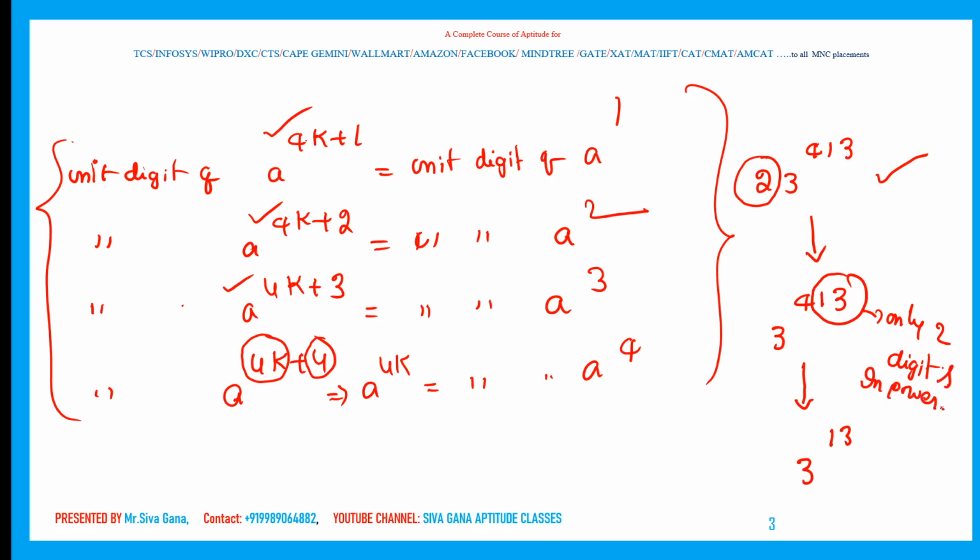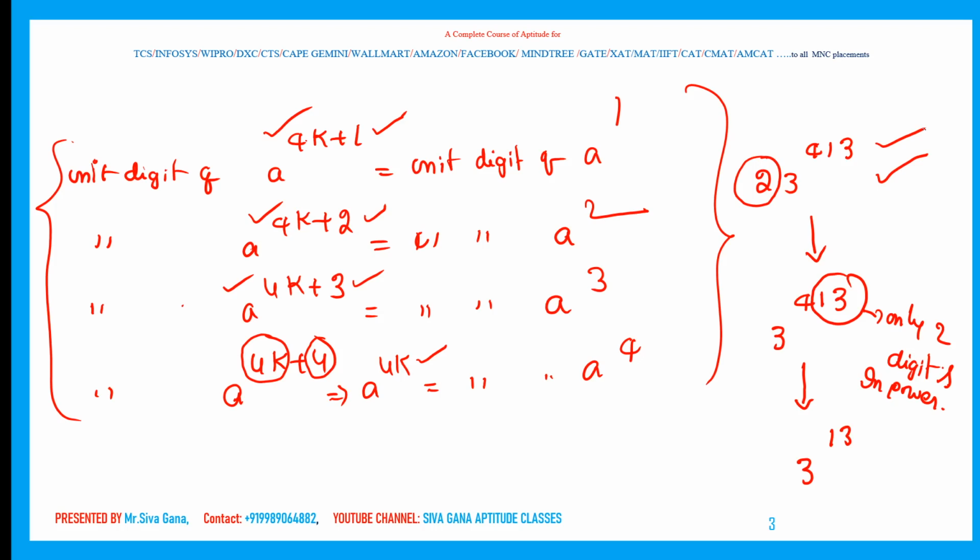Why? The divisibility rule of 4 is nothing but the last two digits. Whether the power is in 4k plus 1 form, 4k plus 2 form, 4k plus 3 form or 4k form, we can know by dividing the power by 4.